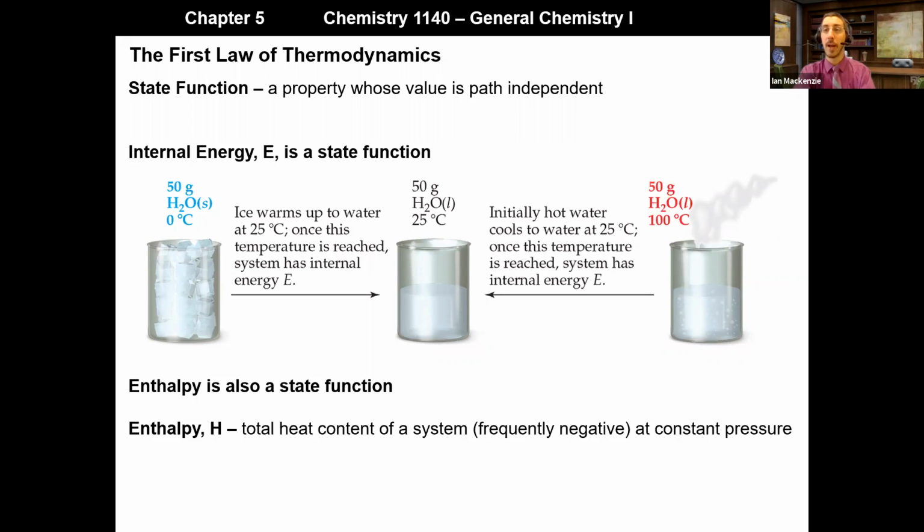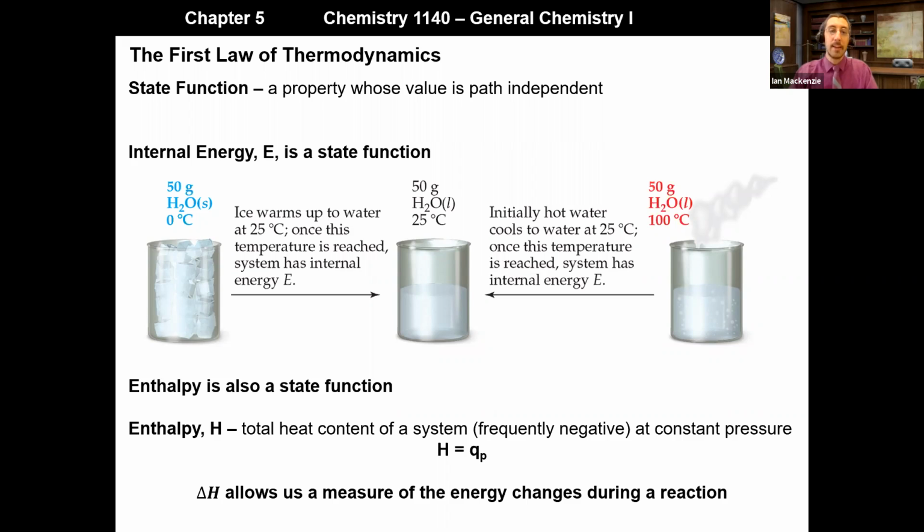And enthalpy also happens to be a state function, so it doesn't matter how we get to a certain value. The enthalpy at that point is independent of how we got there. So just a brief definition here. H is equal to Q with a subscript P, just indicating that we're at constant pressure.